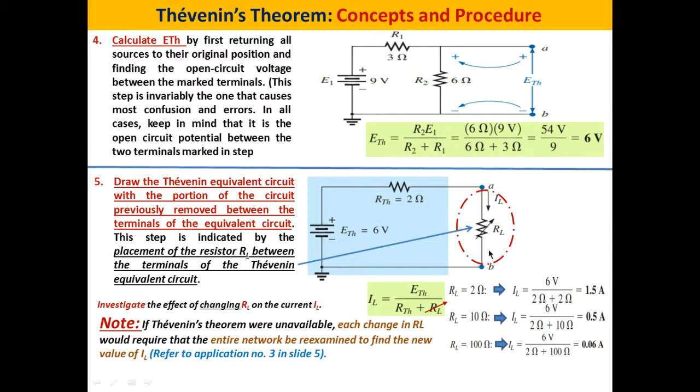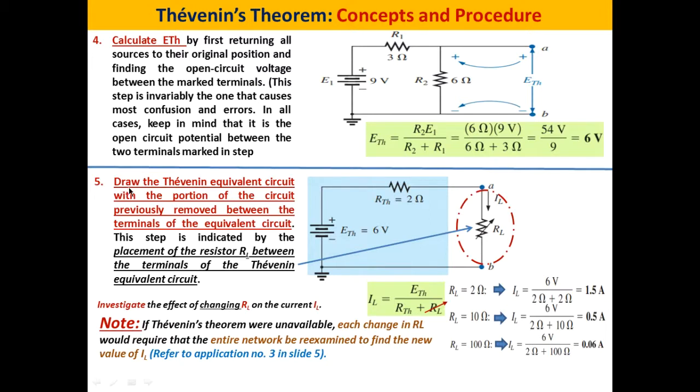And we connect again the resistor RL that we have removed previously. As you can see, we have reduced the complex circuit into a simple circuit that we can analyze, and we can calculate currents and voltage easily across the load resistance RL.